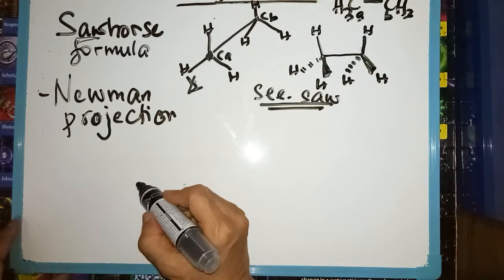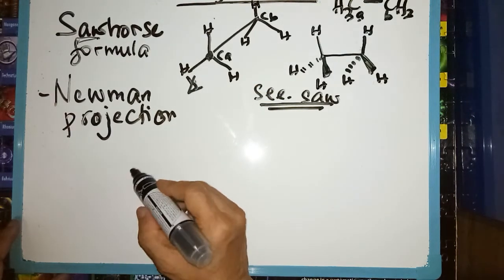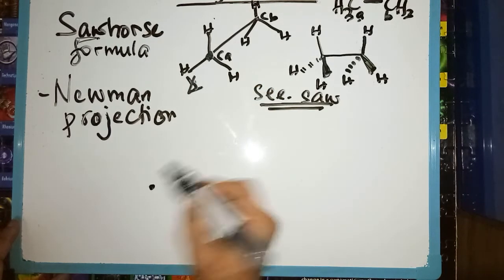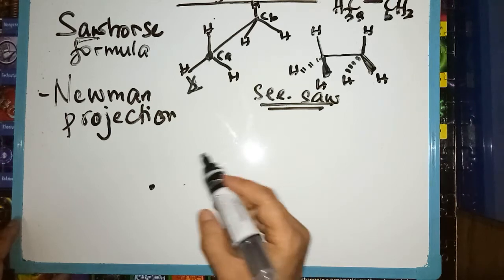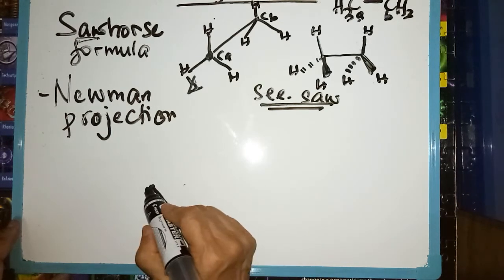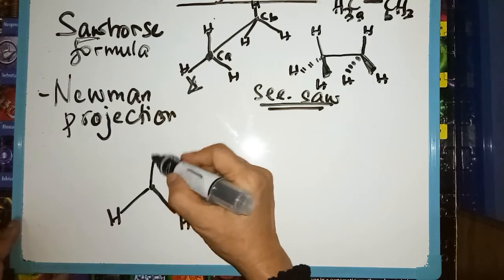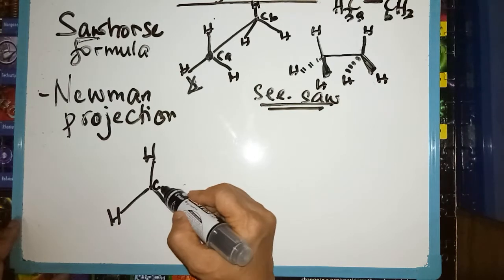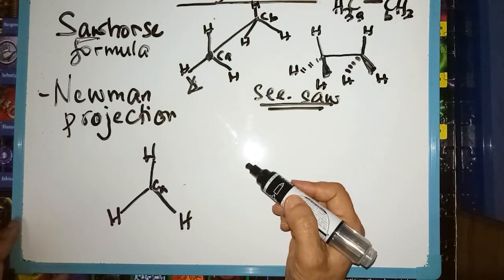So I have the carbon here, CA, near me. And this carbon is actually connected to this hydrogen, another hydrogen, and one more hydrogen. And this carbon A is actually connected to carbon B.